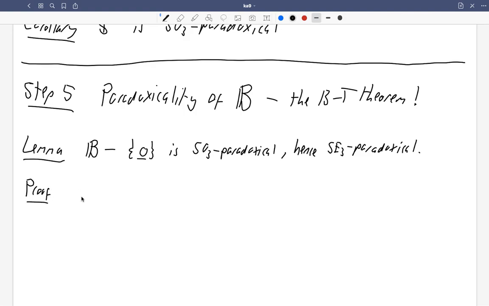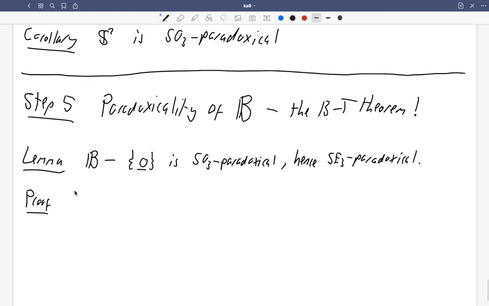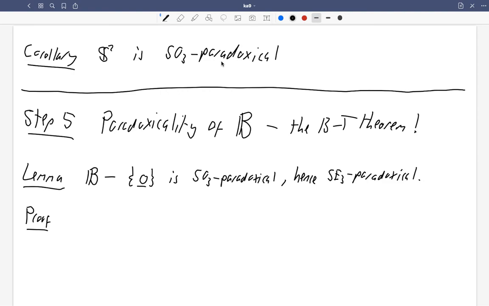The proof of this is not hard from the sphere being paradoxical, because to each point of the sphere we just identify the ray, or the radius if you like, the straight line that goes from the origin to the point on the sphere. We miss the origin itself, but we consider the ray coming out that doesn't contain the origin but contains every other point on the straight line going from the origin until it hits the surface of the sphere.